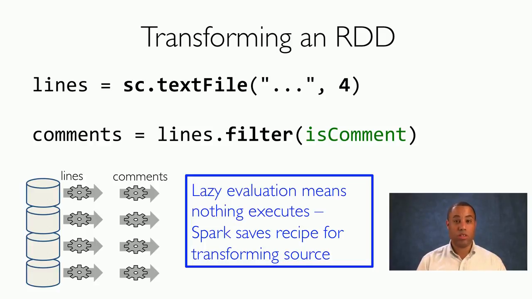And the function here is called isComment. It doesn't matter what the function is actually doing, but what we'll say is if the line is a comment, we want it removed from the RDD. So we'll create a new RDD, comments, that contains only those elements from lines that are not comments. Now, lazy evaluation means that nothing is actually going to happen right now. Spark instead will save a recipe for how it's going to transform the source.